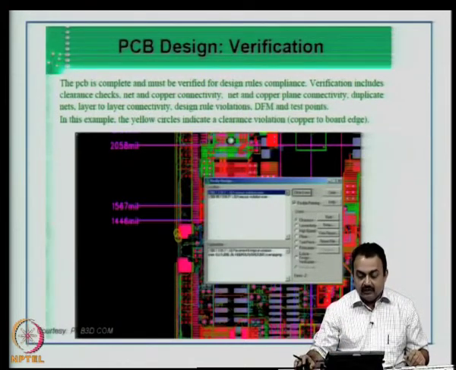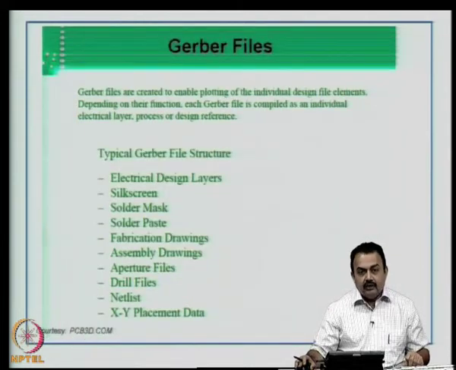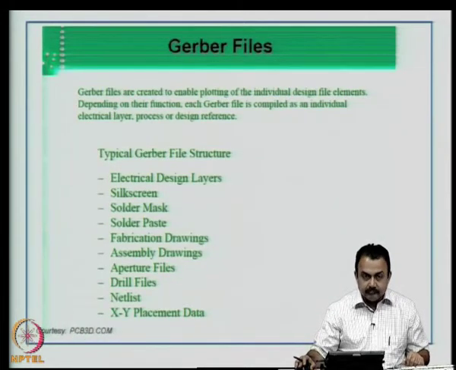Net and copper plane connectivity, duplicate nets, layer to layer connectivity if it is a multilayer board, design rule violations that you have to periodically check based on your design rules, design for manufacturability and test points. Then you create the Gerber files.